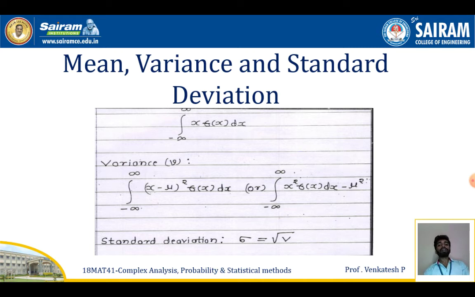Similarly, variance is the integral from minus infinity to plus infinity of (x minus mu) whole square f of x dx, or equivalently the integral of x square f of x dx minus mu square. The standard deviation is the same for both discrete and continuous: the square root of the variance. In the next slide we're going to see problems related to continuous random variables, and also how to find mean, variance and standard deviation.